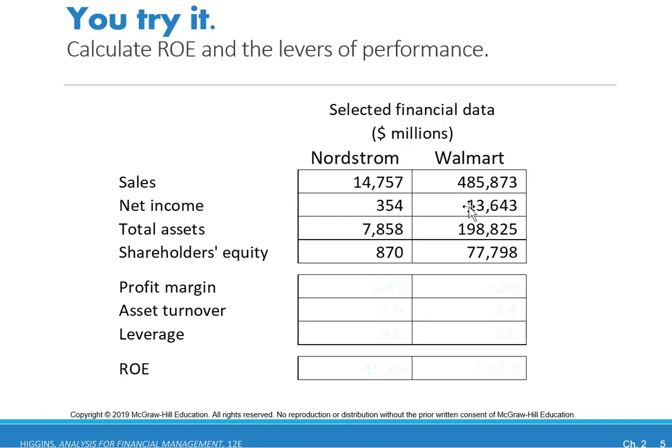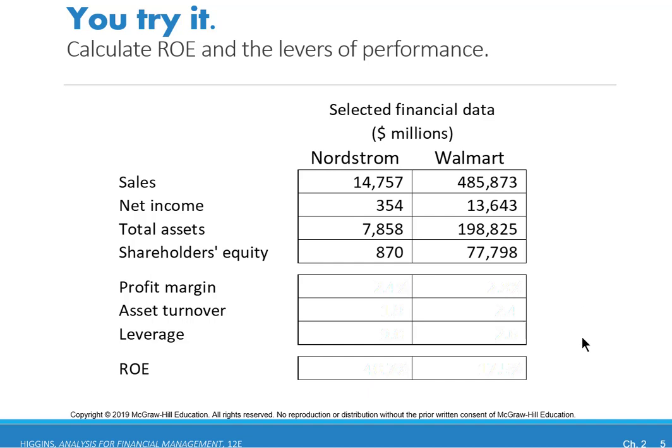So here's also Nordstrom and Walmart. What this exercise asks you to do is to calculate the rate of return on equity and the levers of performance, right? Calculate those numbers that we just talked about.